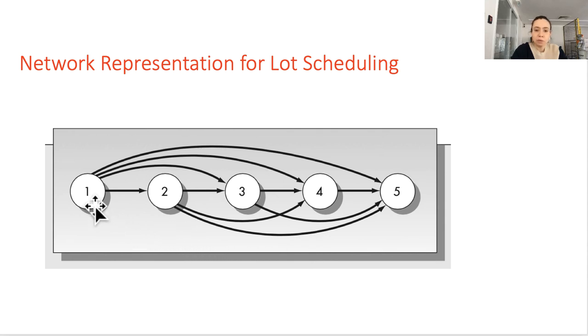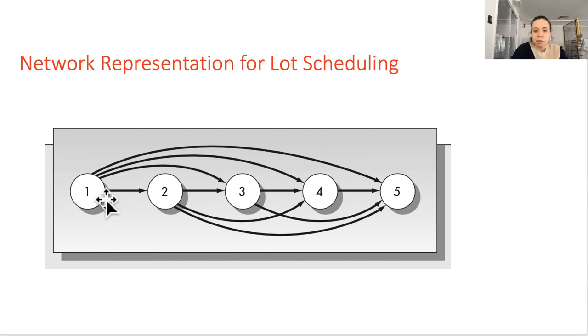We can use, for example, this path to go from 1 to 5, or we can use this path to go from 1 to 5. What do we mean by these different paths? For example, if we go from 1 to 5 directly with this path, it means that at period 1 we make a production plan for all the periods, and we carry inventory, of course.